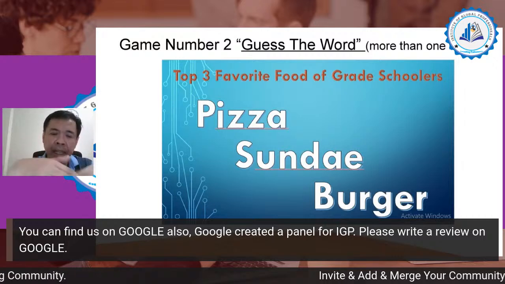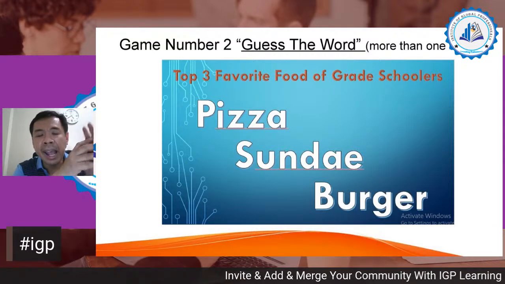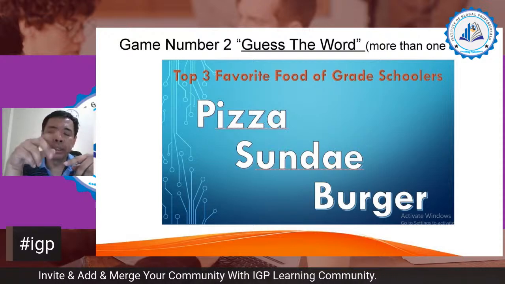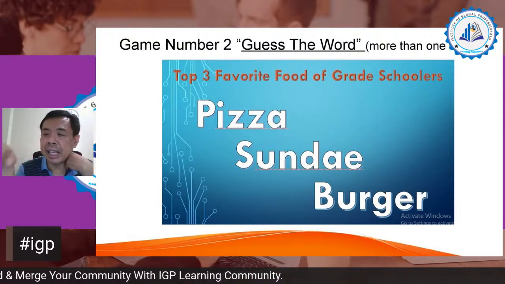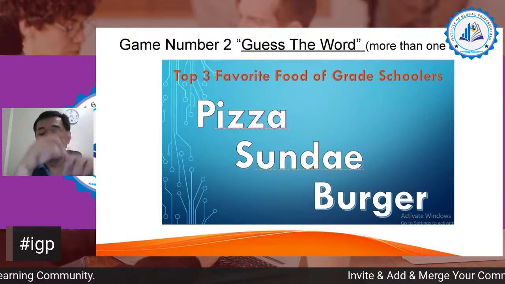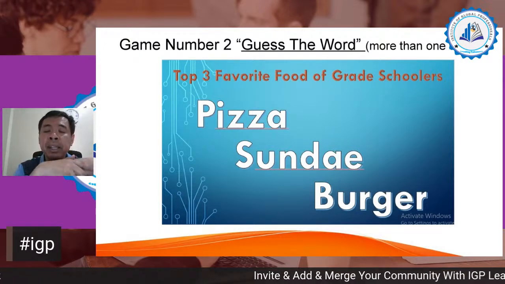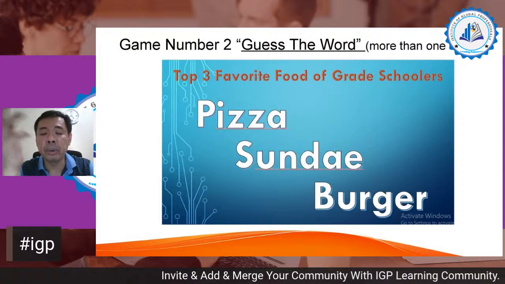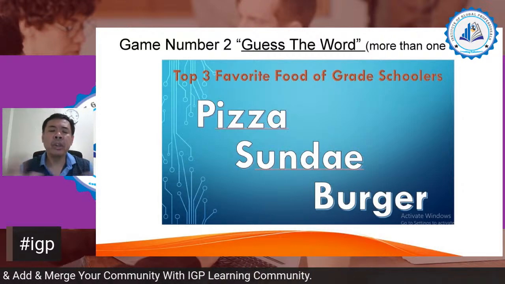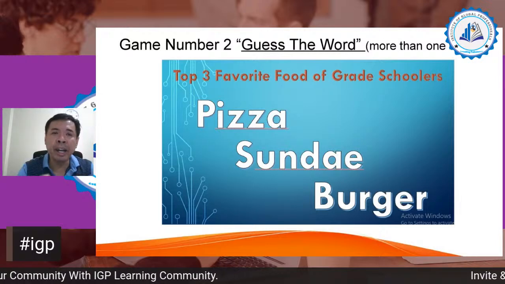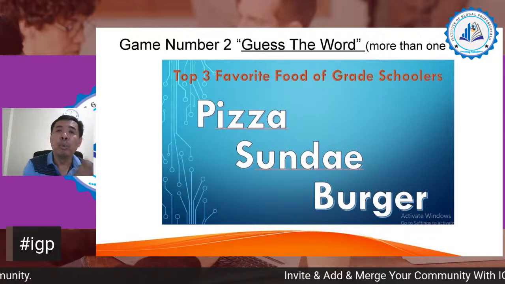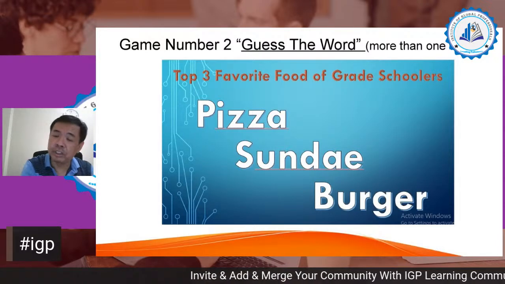Then the second one, sundae: you type the S, and then use word art again for U-N-D-A-E. The third one, the first letter is B, and the remaining letters of the word are U-R-G-E-R. So you create these initial three letters. You have the same procedure as the guess the word with only one word, and then the French fries.